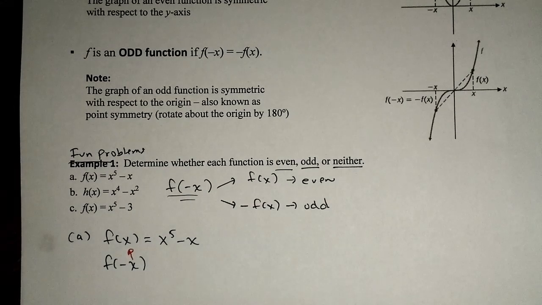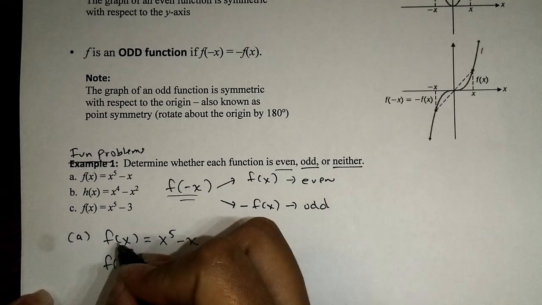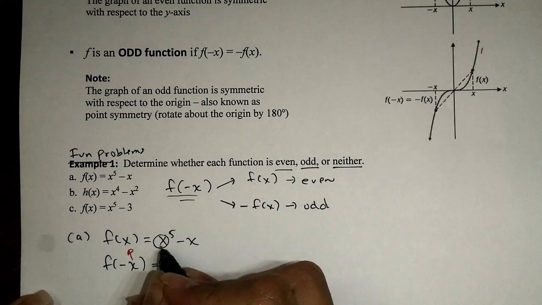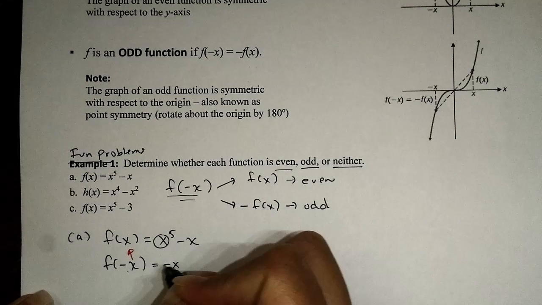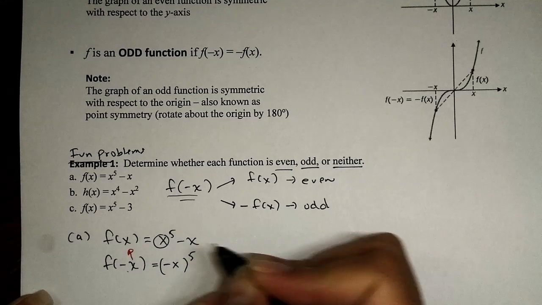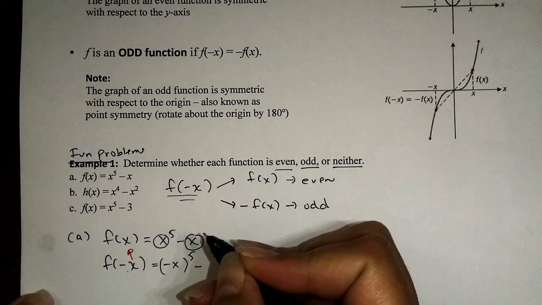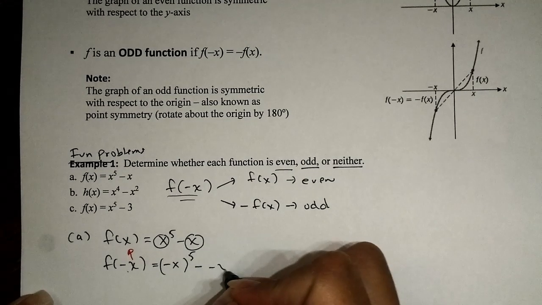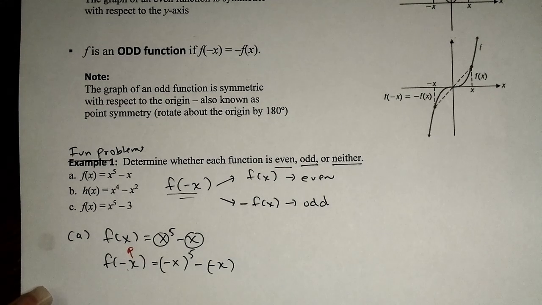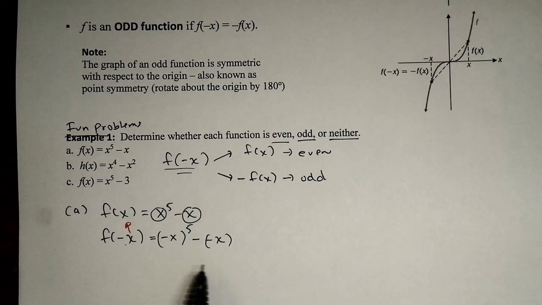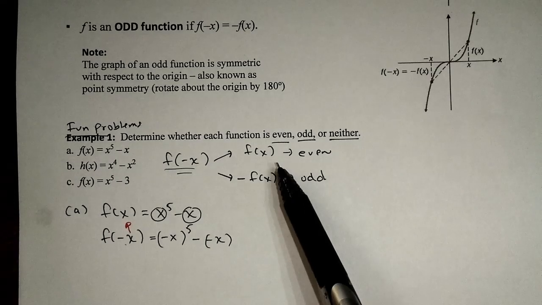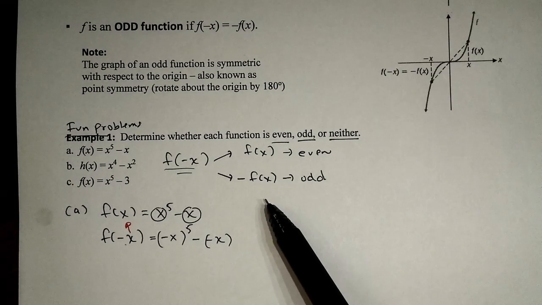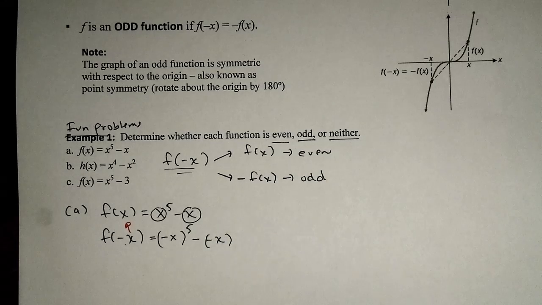So we have f of negative x equals negative x raised to the 5th power, minus another x, which we swap out for negative x. We are going to take our time and see what this simplifies to, and then we'll see if we got back the original function, the opposite, or neither.